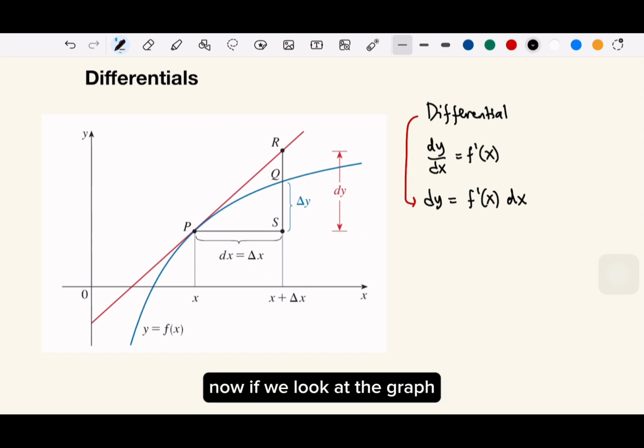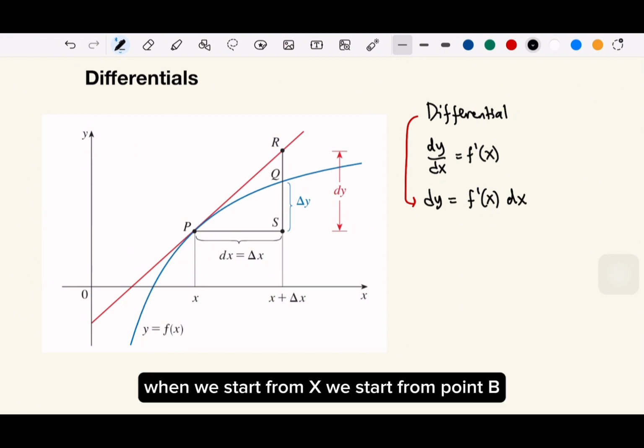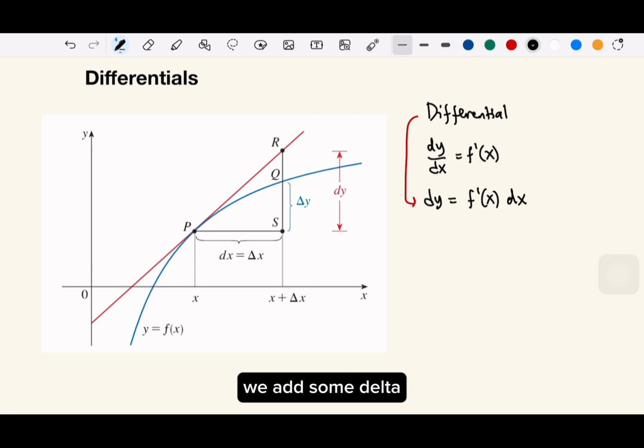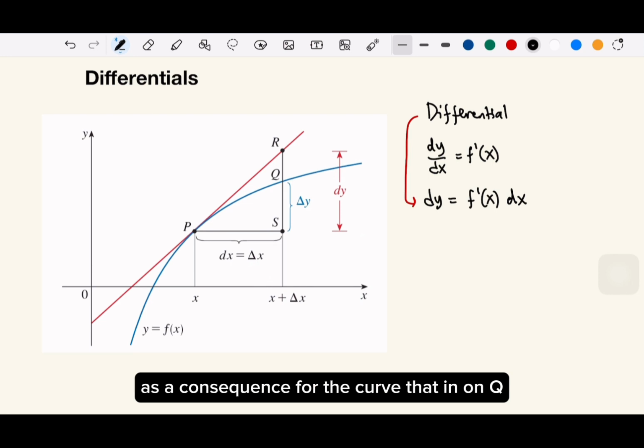Now if we look at the graph, when we start from x, we start from point P, we add some delta. And when we add some delta, as a consequence, for the curve at Q, we also get some additional delta from P. But then we also know that at this point P, we are approximating the curve with the line.